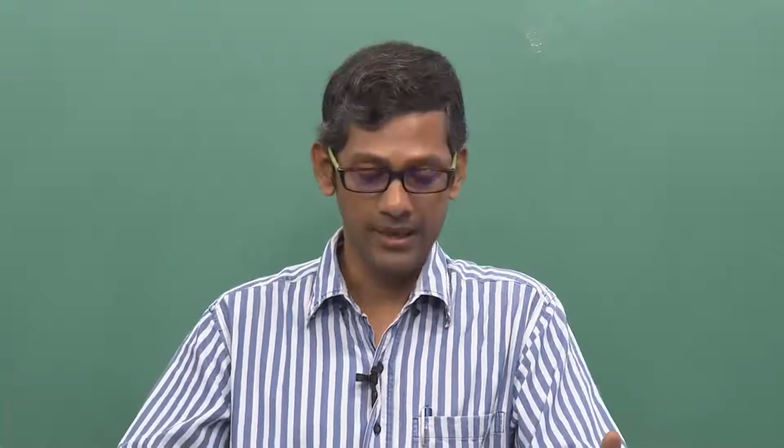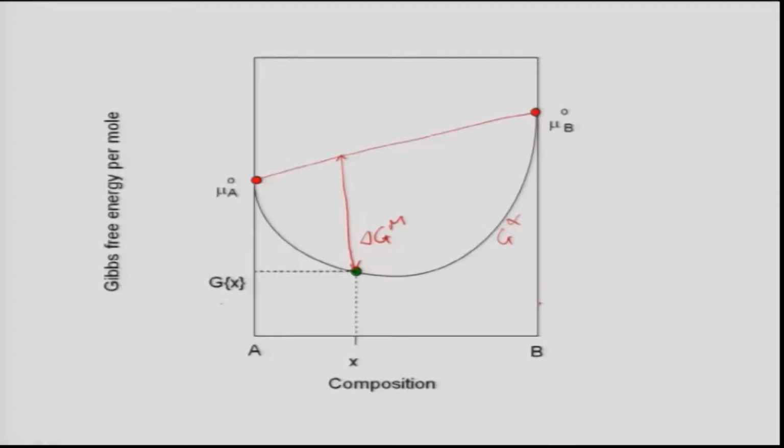Conventionally, across the world, the symbol primarily used to indicate the free energy of a pure component is mu. mu A0 is nothing but the free energy per mole of pure component A, and mu B0 is the free energy of pure component B per mole. Only when you add them together will the free energies change.